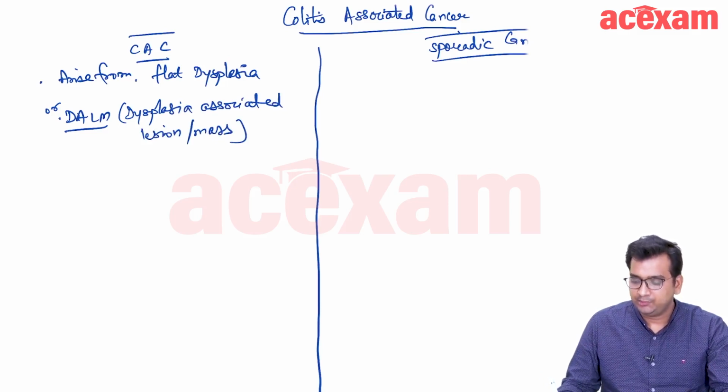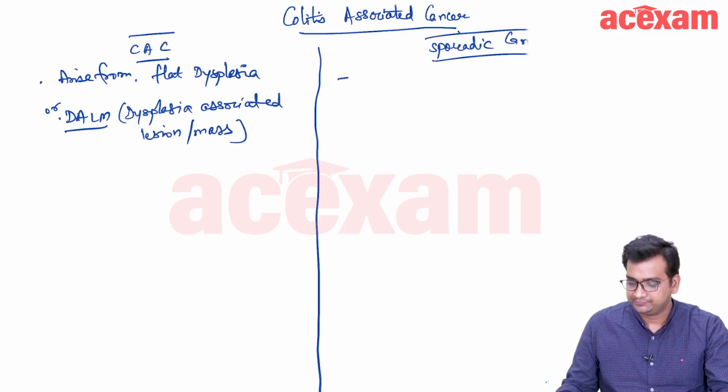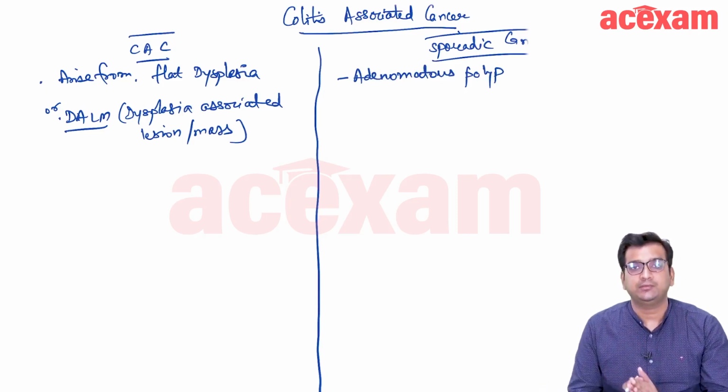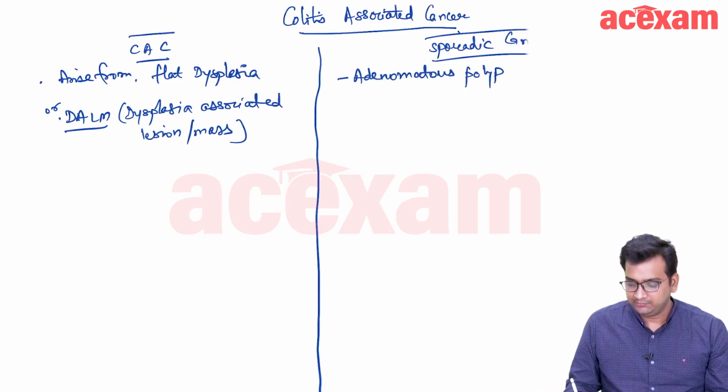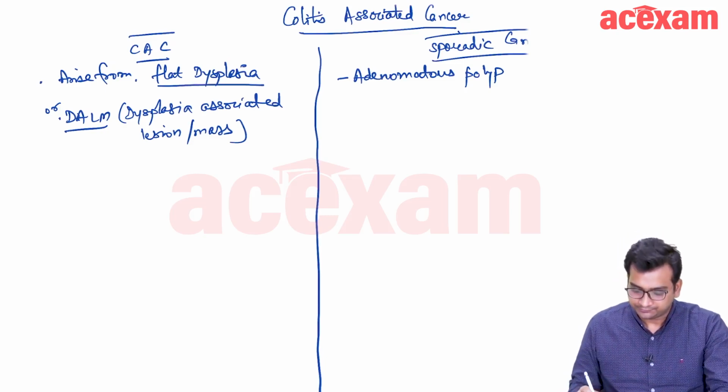Whereas sporadic colonic cancer arises from adenomatous polyps. This we know that sporadic cancer arises from adenomatous polyp. Here it arises from flat dysplasias or DALM.